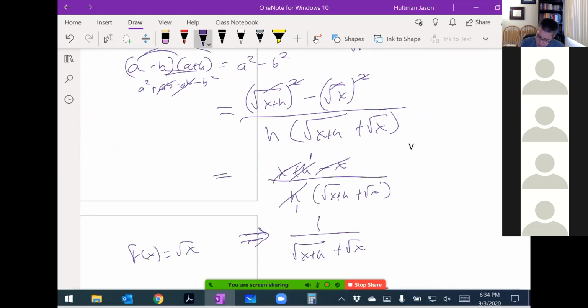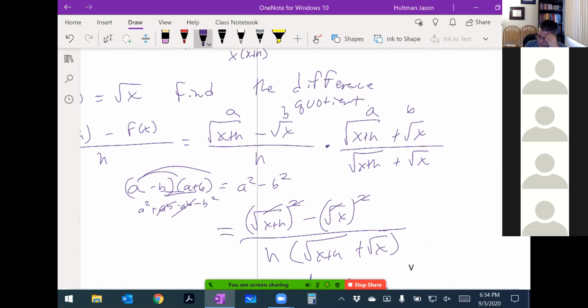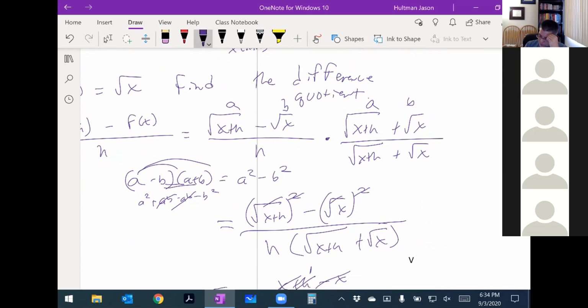Professor, I have a question. So the only reason you multiplied by the positive square root of x plus h plus the square root of x is to get rid of the square roots on the top? Yeah. These are called conjugates.